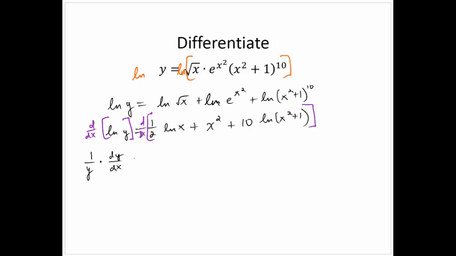Right-hand side, d by dx of 1/2 natural log x would be 1/2 times 1 over x, 1 over 2x. d by dx of x squared, that's 2x. d by dx of 10 times the natural log of x squared plus 1, that would be 10 times 1 over x squared plus 1 times the derivative of x squared plus 1, which is 2x.